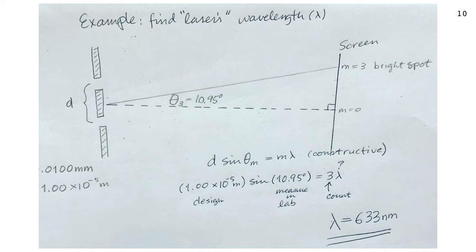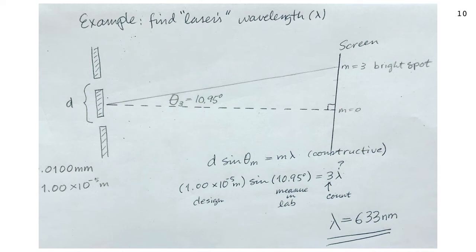All right, so in this case, let's plug in our numbers now. 1.00 times 10 to the minus 5 meters times sine of theta 3, so that's 10.95 degrees, equals 3 lambda. All right, so I can figure out what my lambda is from this set of measurements.